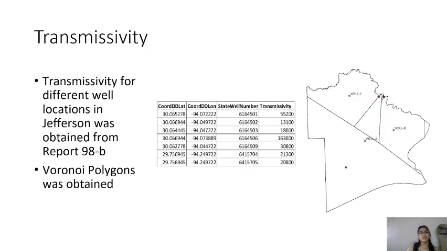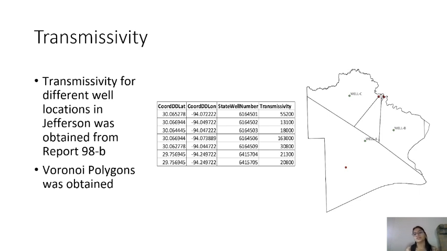0.063. Accordingly, for transmissivity, we had the TWDB report 98B for different well locations for different counties in Texas. So for Jefferson County, we got 10 well locations which had different transmissivity for different locations.